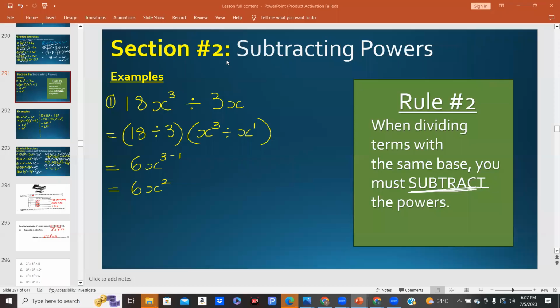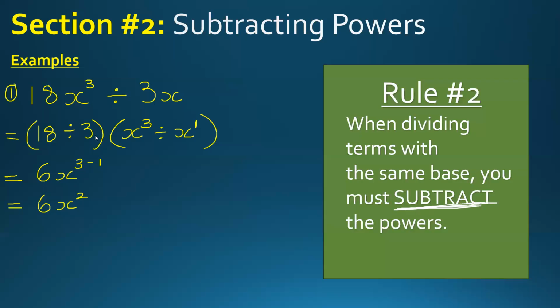So we take the 18 and the 3 and put them together, and then we take the x to the third power along with the x and group them together as well. We have x to the third power and x to the first power, so we subtract the powers. It's going to be 6x to the 3 minus 1, and 3 minus 1 is 2. So it's going to be 6x squared.